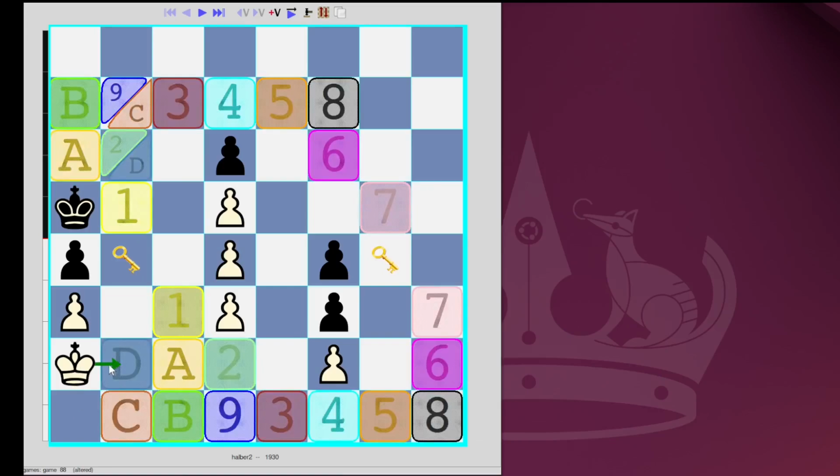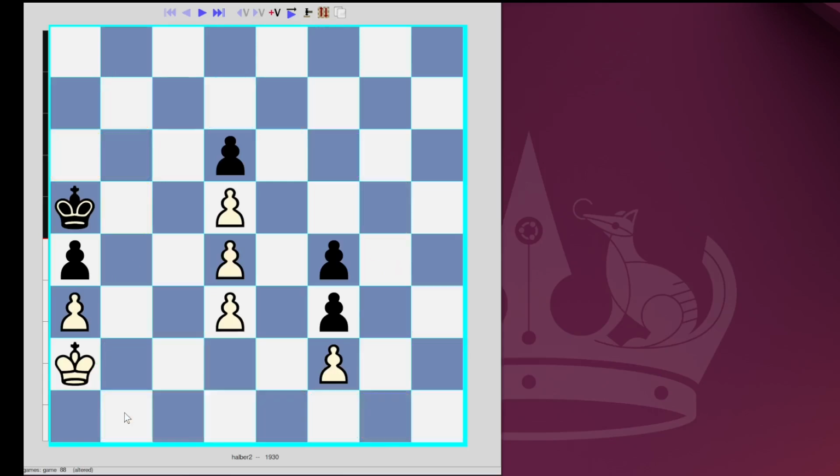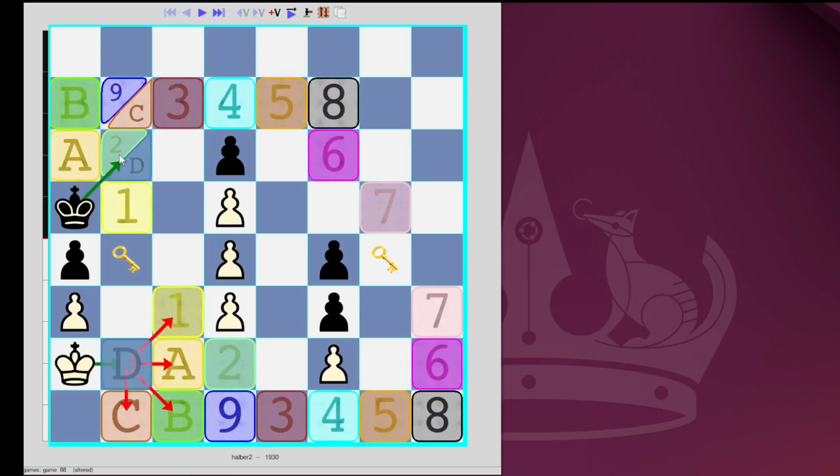And if we went to the D, ready to go to the 1 or the A or the B or the C, then of course we go to the D, threatening to go to the C, the B, and the A, and the 1. So that all looks nice. But if we go to the C, we're threatening to go to the D and the A and the B, and it can't be covered, right? So we can sort of go through a winning line here, for instance.